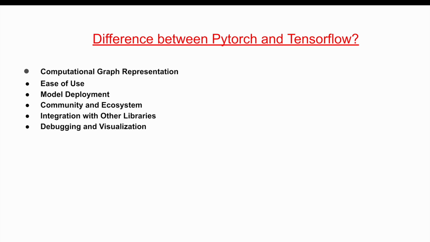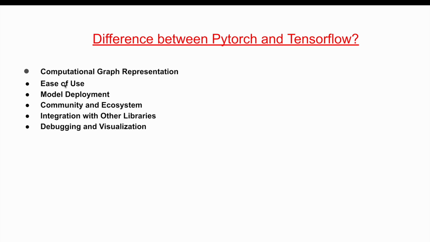So TensorFlow primarily uses a static computational graph, PyTorch uses a dynamic computational graph. We saw both of them earlier on in this video.